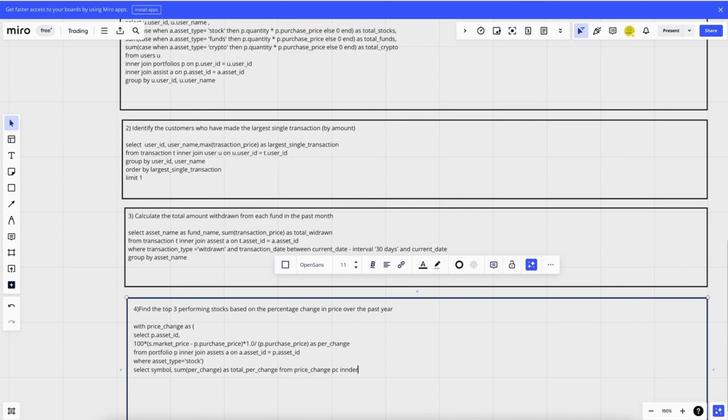I need to do an inner join again with the asset table, or we can directly, no need to do an inner join. I'll just add symbol here itself. There is no need to join the asset table one more time here.